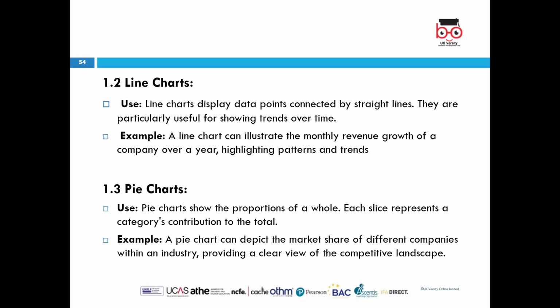Line chart: with the line chart, we display data points connected by straight lines. They are particularly used for showing trends over time. Pie chart shows the proportion of the whole. Each slice represents a category's contribution to the total.